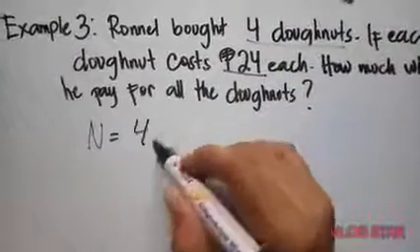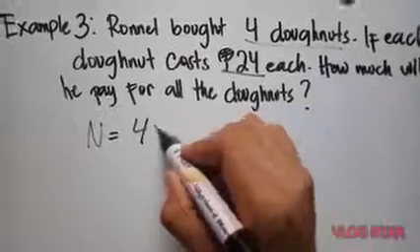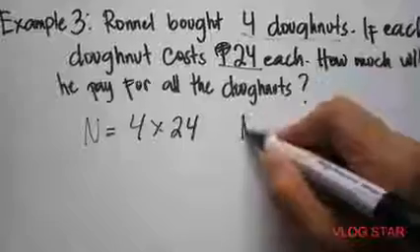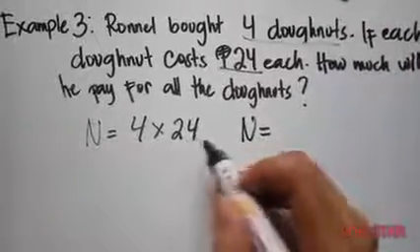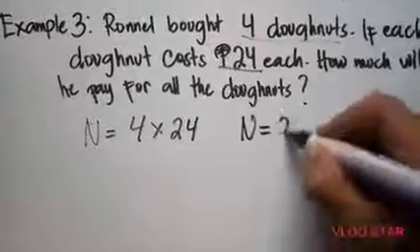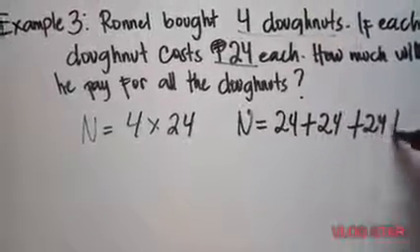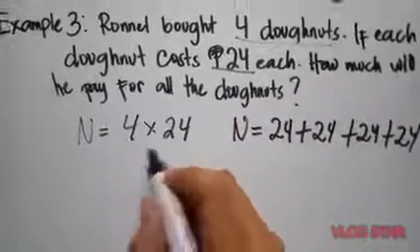So for us to get the total, times 24, or it can be written as 24 plus 24 plus 24 plus 24, or 4 times 24.